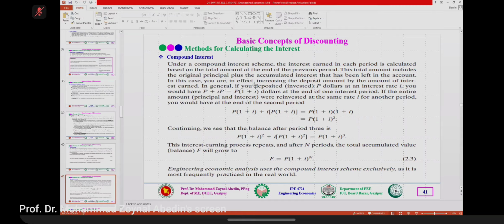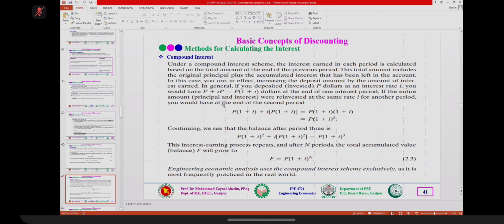In this case, you are in fact increasing the deposit amount by the amount of interest earned. In general, if you deposited or invested P dollars, the capital or principal, at an interest rate small i, you would have P plus iP, so P(1 plus i) dollars at the end of 1 interest period.